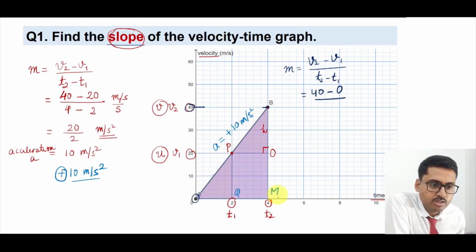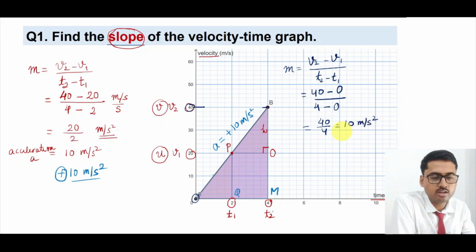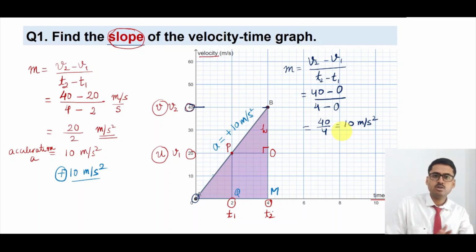For point B, the time is 4 seconds, and for point A, time is 0, so this is 4 minus 0. So basically this is 40 by 4, and that is 10 meter per second square. So I have told you, you can take any triangle or any 2 points and you can get the same answer for a straight line. So this is the answer of question number 1.